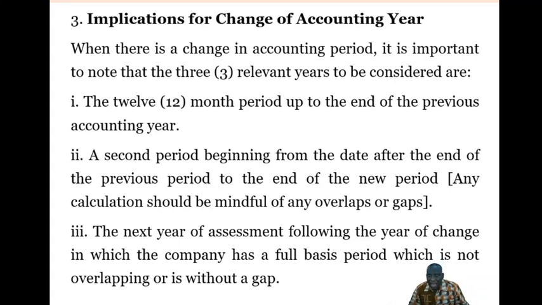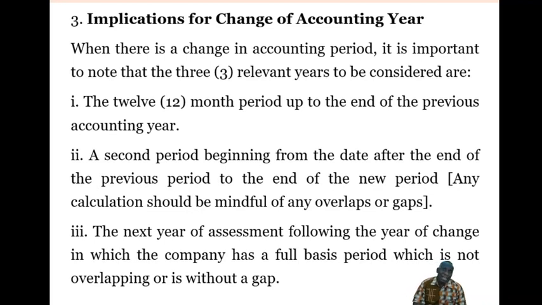The first is that you have to consider the 12-month period up to the end of the previous accounting year. So if you are changing in year 2019, then you need to consider the 12-month period up to the beginning of 2019. That's the first year, you must consider that one.